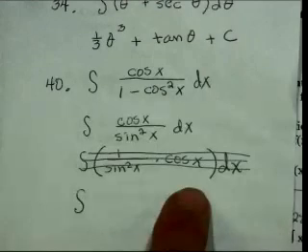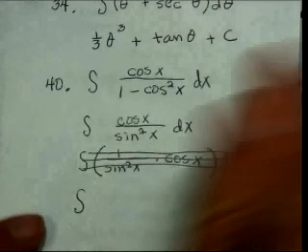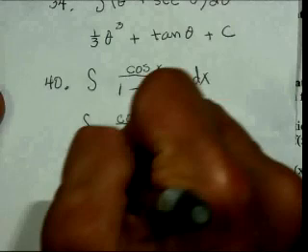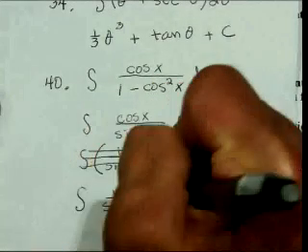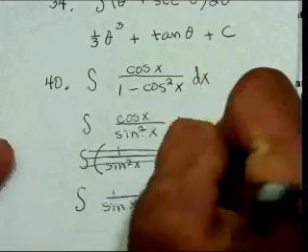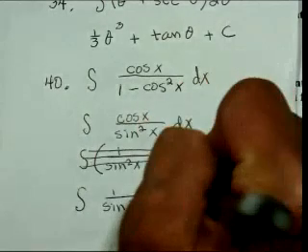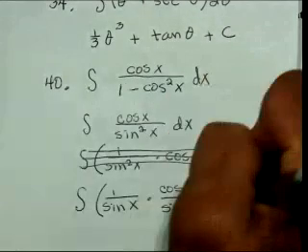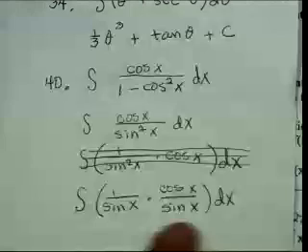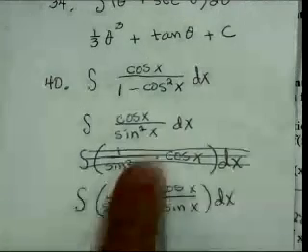What about writing that cosine over sine squared as 1 over sine times cosine over sine? First, see if it's true, and then we'll see if it's helpful. Does that multiply back together to give us what we started with? Yes, it's true.